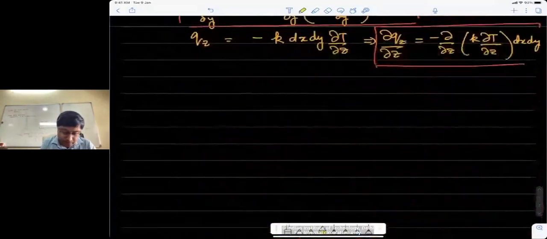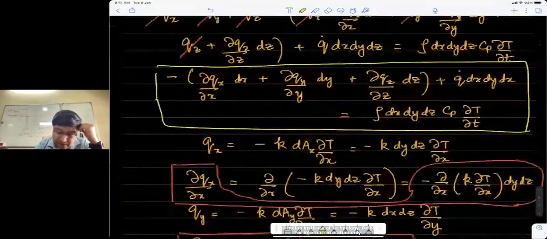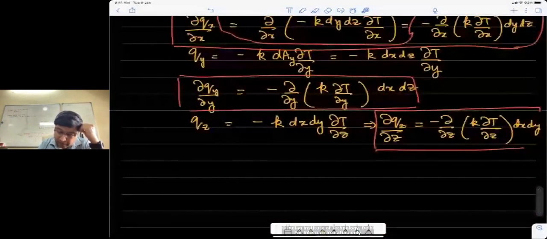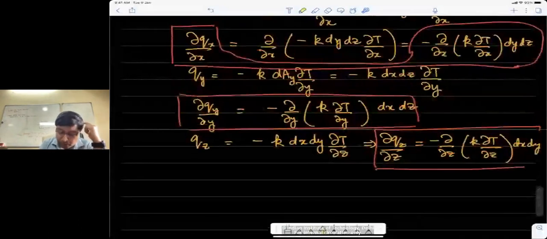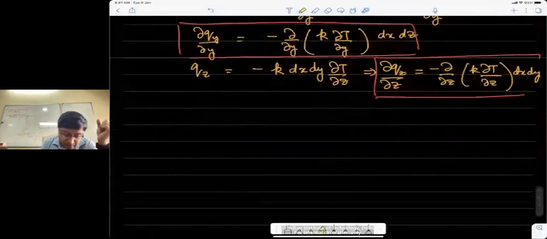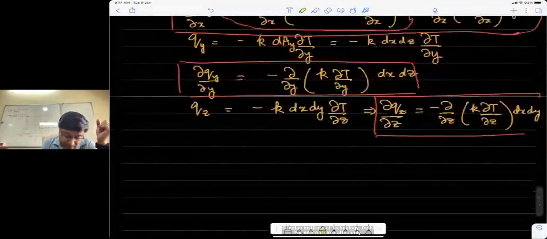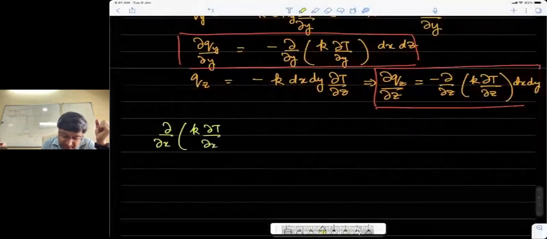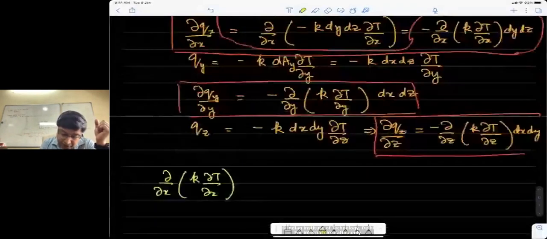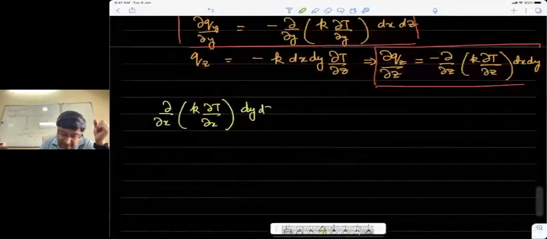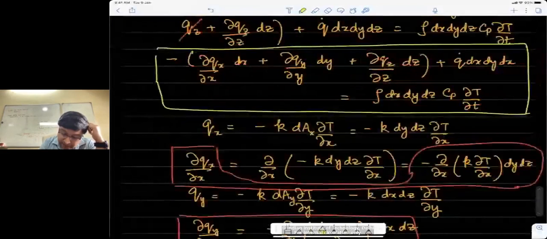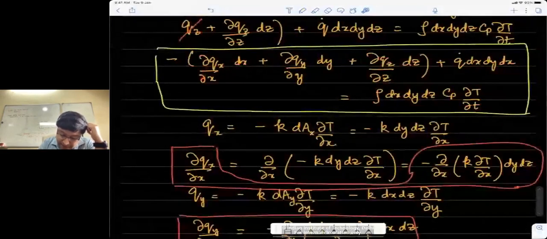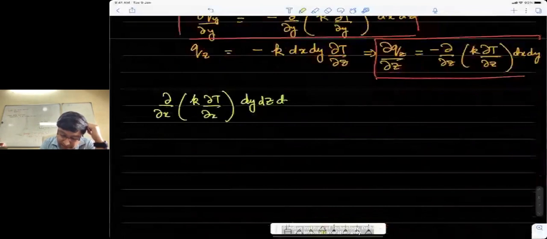Remember there was a negative sign. There's a negative sign here, and a negative sign in front of each of these quantities, so I'm just going to write this as positive. This will become d/dx of k dT/dx, multiplied by dy dz, except dqx/dx is also multiplied by dx, so this will also have a dx.